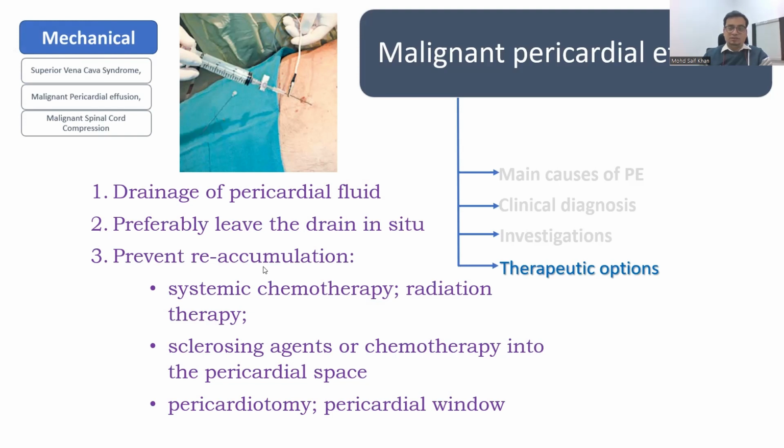To prevent reaccumulation of pericardial fluid, there are various ways. Important ones are sclerosing agents or chemotherapy into the pericardial space, and pericardiotomy and pericardial window. These are important ones to prevent reaccumulation in malignant pericardial effusion, because that is quite common, in up to 60% of cases.